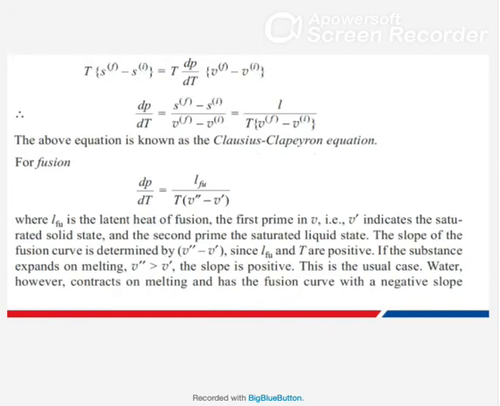We have to integrate. So TdS equals the previous term, dou P by dou T at constant volume, then dV. This was the relation.